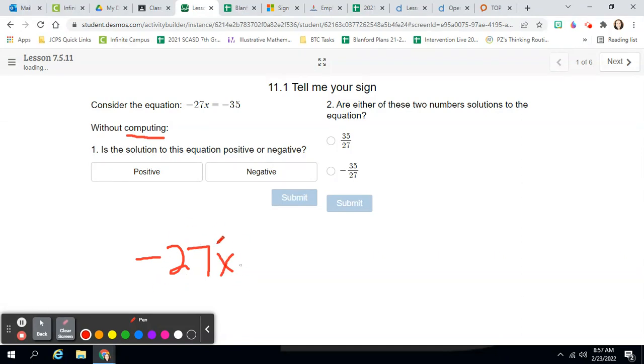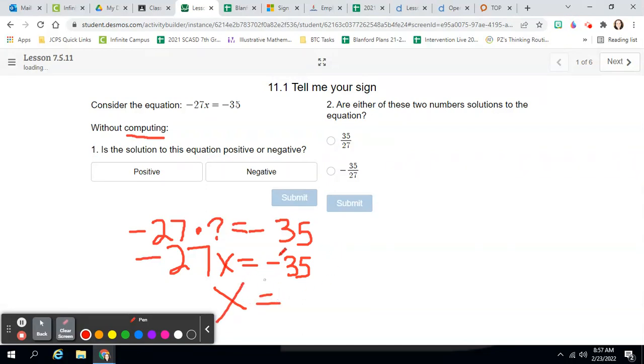Or another way to look at it is that we take negative 27 and multiply it by a number, we don't know what number that is, so we're using x, and it is equal to negative 35. And so when they ask for the solution, they're saying, well, what is x? What is the number that we are trying to multiply negative 27 by to get negative 35?